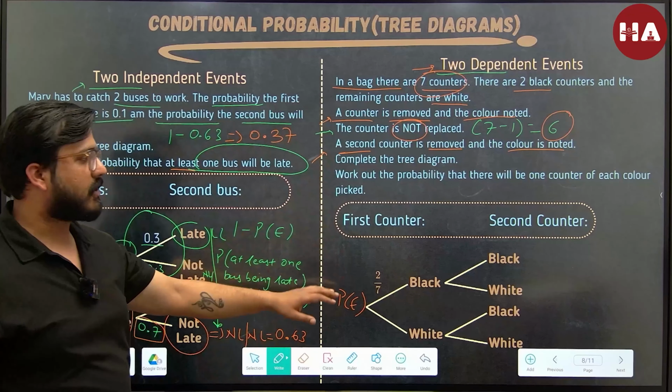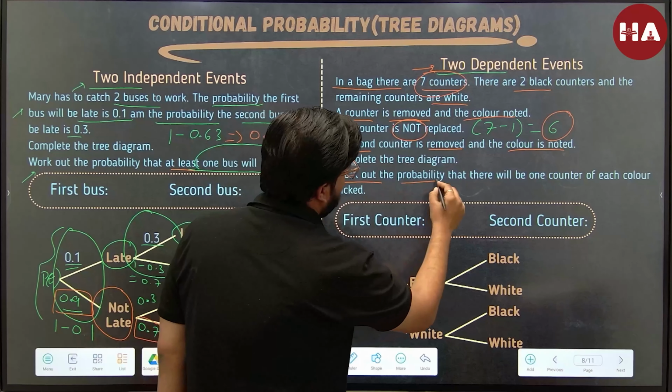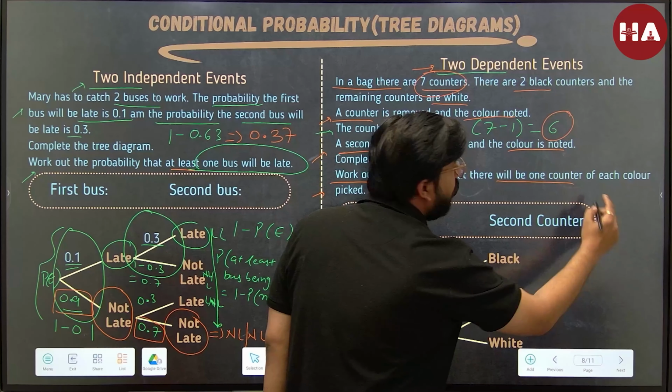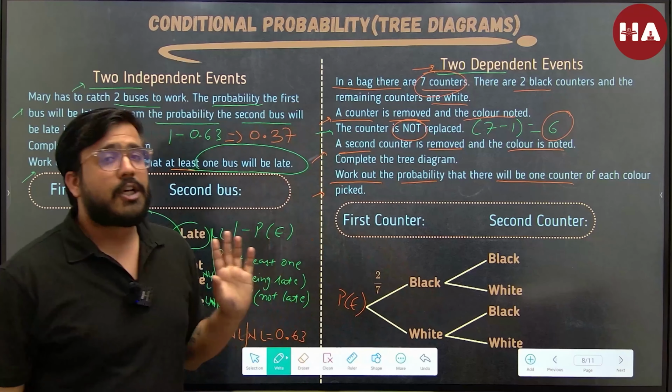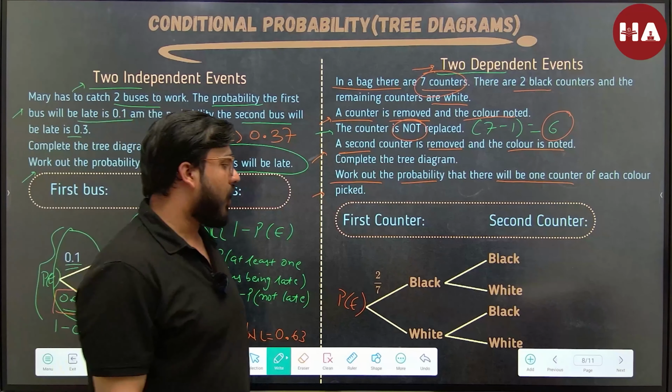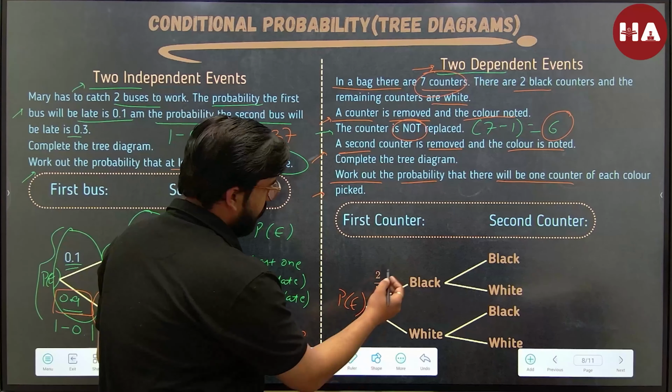Now I have to complete the tree diagram and similarly work out the probability that there will be one counter of each color picked. First we'll complete the tree diagram.